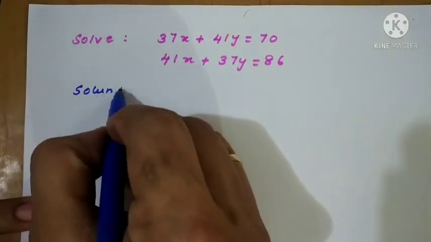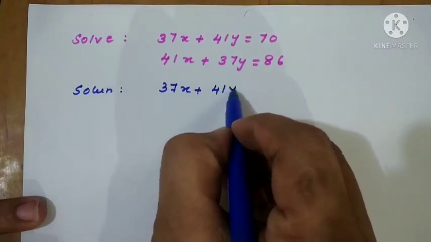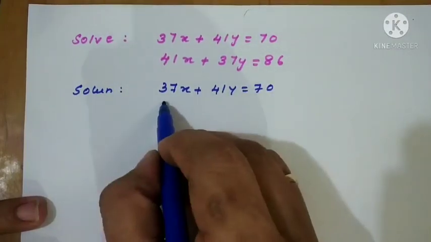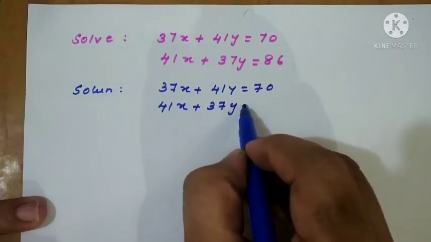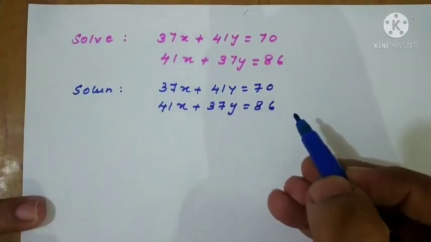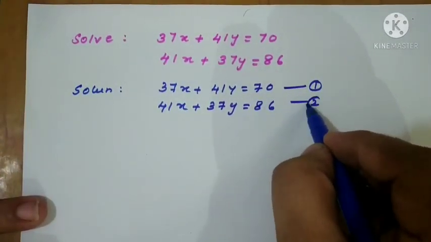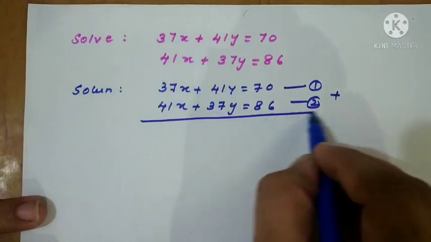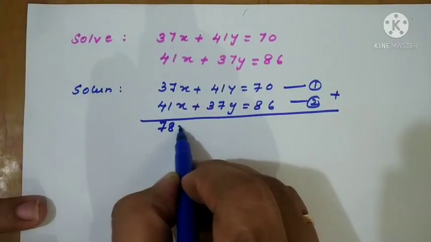Solution. Once again I will take down the question. 37x plus 41y equal to 70. 41x plus 37y equal to 86. So we will add the first equation and the second equation. I am adding now. So what is 37 plus 41? It is equal to 78x.